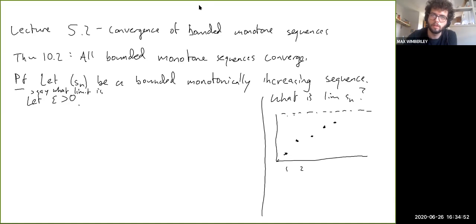Let me erase some of these points to give myself more room. These jumps could be kind of random. Maybe it stays the same here, and then maybe it jumps again. Sorry, that's supposed to be the same. It's not supposed to decrease, obviously, right? So here's some upper bound.